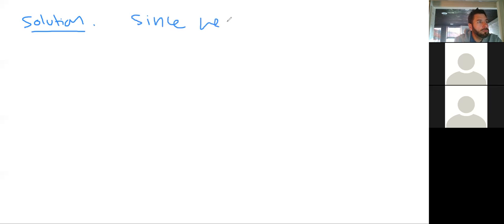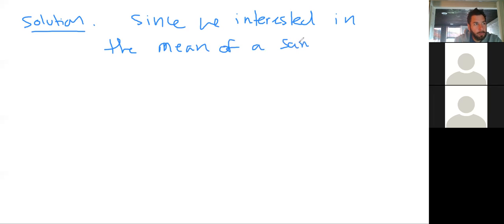So let me say again in more precise terms what we're getting at here. So here's the solution. Since we're interested in the mean of a sample, we have to choose which formula we're going to use, and we're going to use the following.